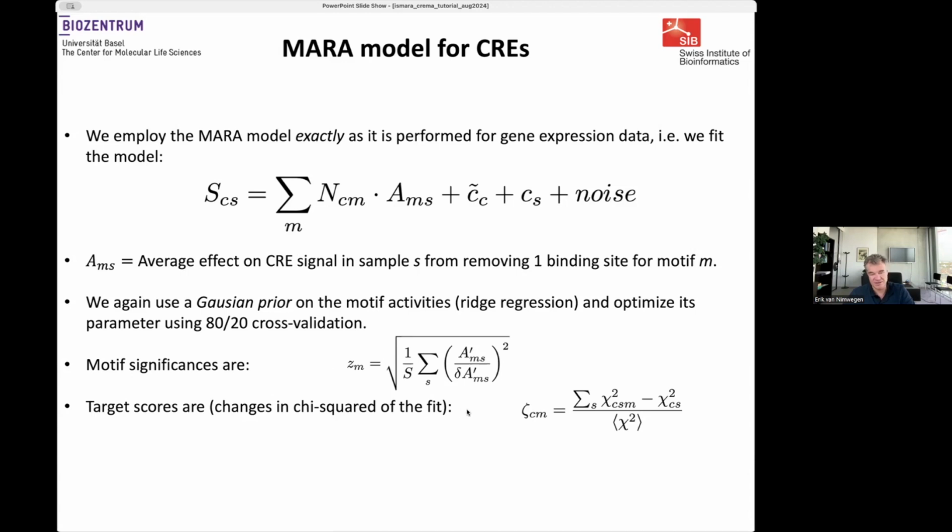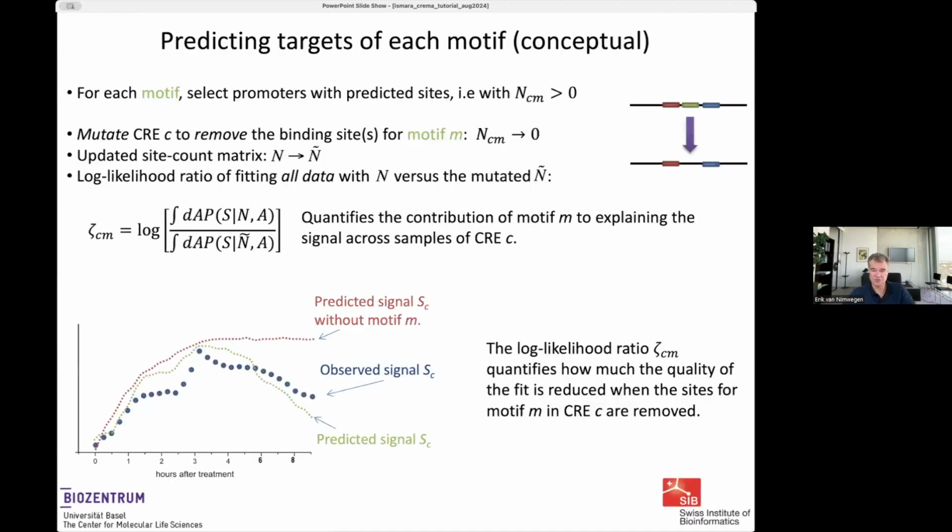And then again, we calculate these motif activity significances. We take the predicted activity, divide it by its error bar, square it, average it, and then take the square root. The target scores are also the same as in the previous case. We compare how well the model fits the signal across samples, either with all the sites in or removing only the binding sites for a single motif. I showed you this before, but just for completeness: for each CRE that has predicted binding sites for motif m, so that N_cm is bigger than 0, we in silico remove these binding sites.